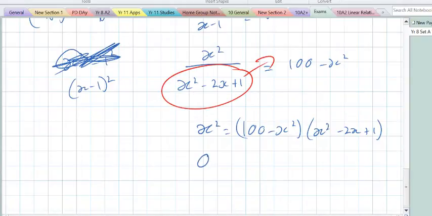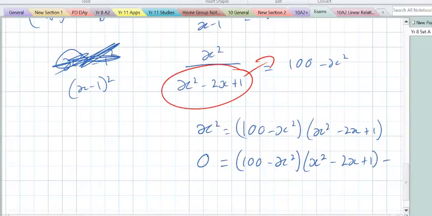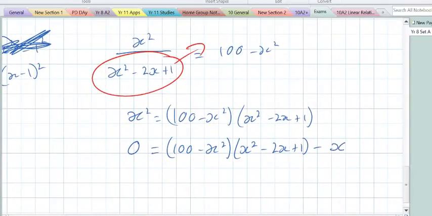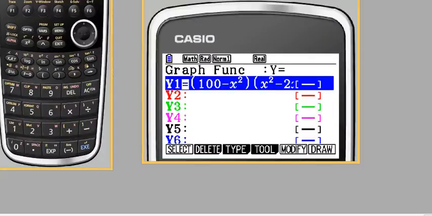Then I would bring the final x squared term over, giving us an ugly looking quartic. Now, if you wanted to at this stage, you could expand, simplify, write the quartic in general terms and put it in the polynomial function of your calculator. Or you can put it in graph mode.